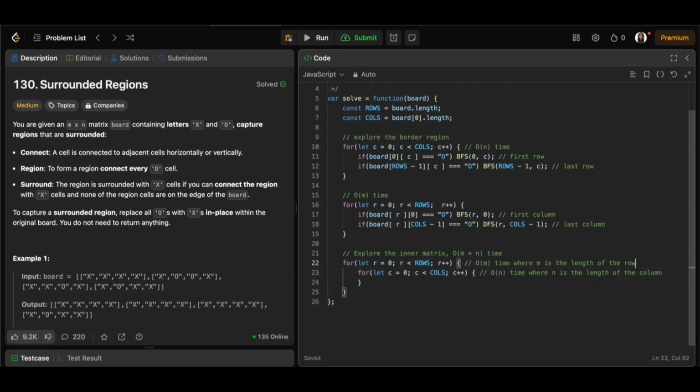So for this, I will just delete this first. If the board is a region, we need to capture them, right?